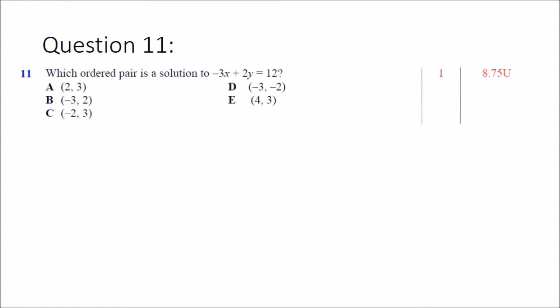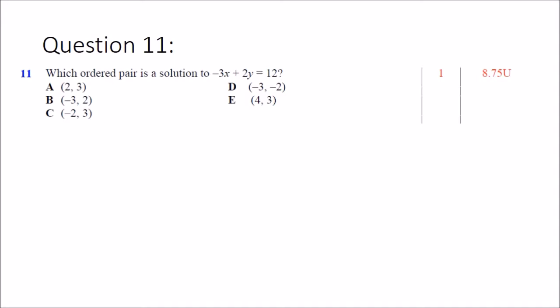Now at the moment we've got minus 3x plus 2y equals 12, so if we substitute an x value and a y value into this, then our left hand side of the equation should also equal 12. Now when I look at this, I can see that I've got a negative coefficient at the front and a positive coefficient for the y.